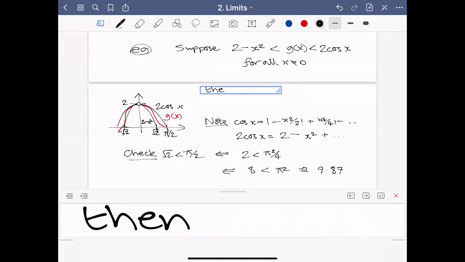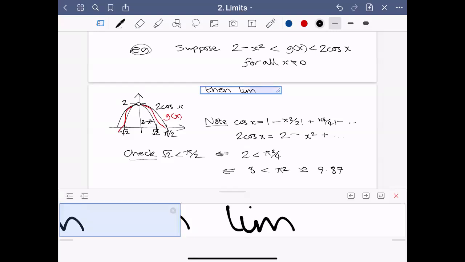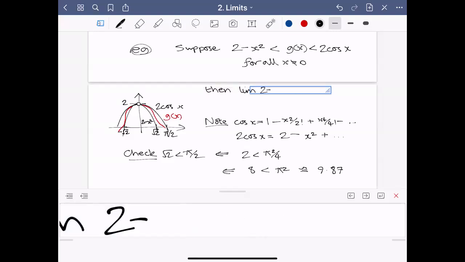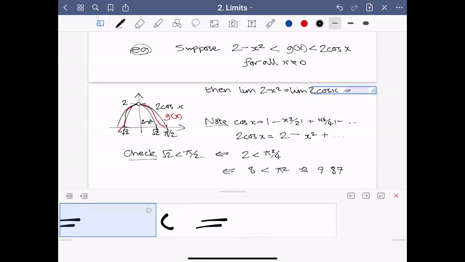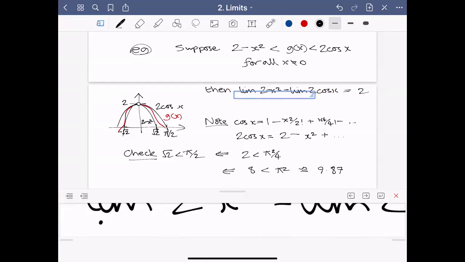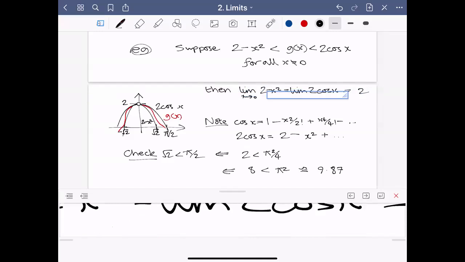Then the limit of 2 minus x squared equals the limit of 2 cos x, which is equal to 2. These are both as x goes to 0.